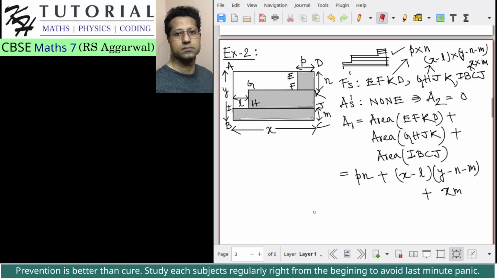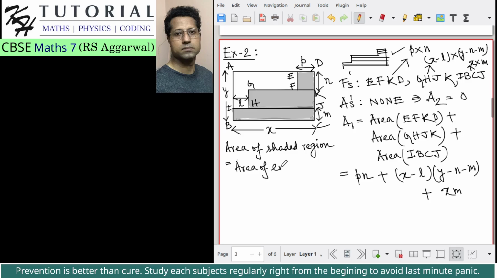So you can also see the area of shaded region, this is another method of finding the area if possible. It may not be possible all the time; it will heavily depend on the given figure and the dimensions given.